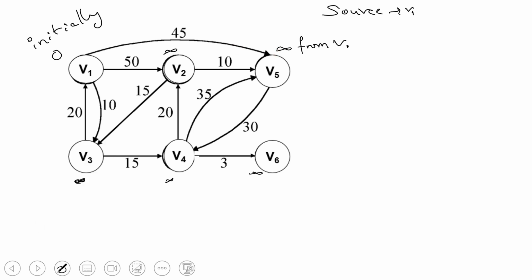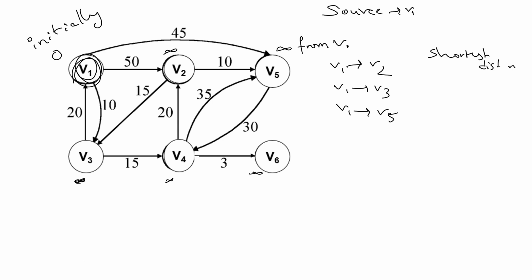These are the nodes which are directly connected with v1. Now we'll find the shortest distance from v1 to v2, and also v1 to v3, v1 to v5.